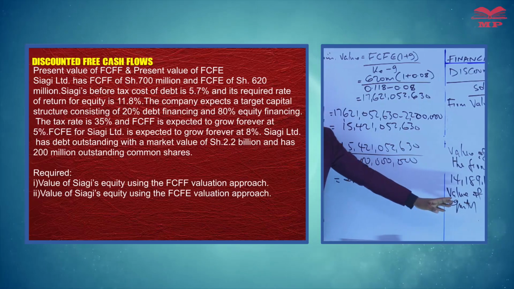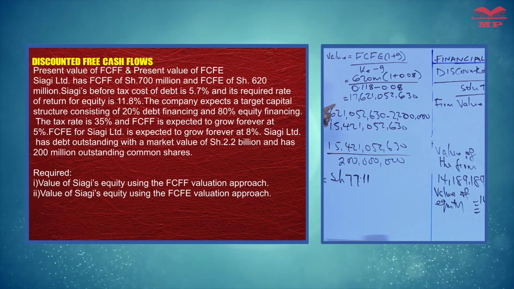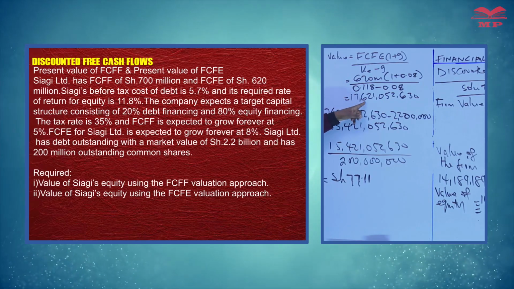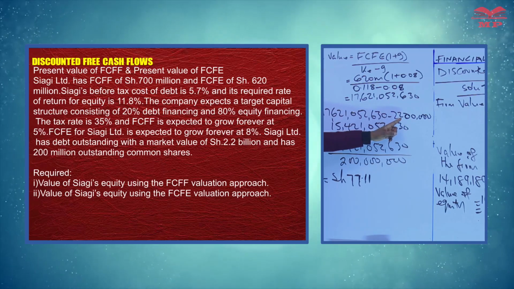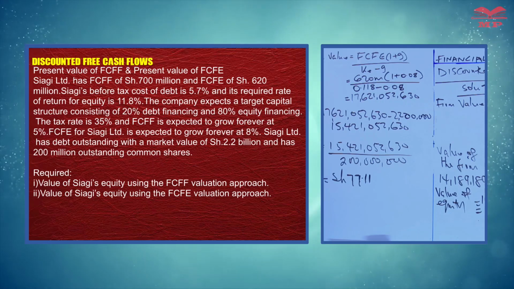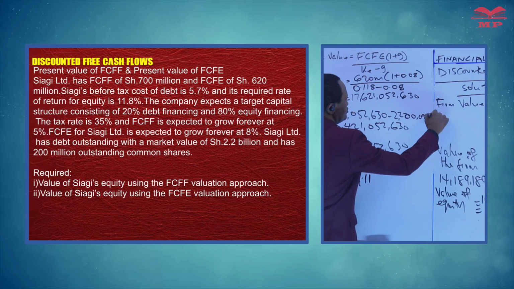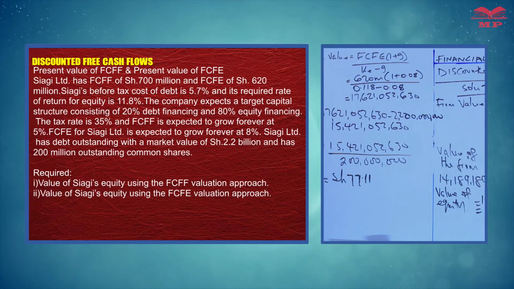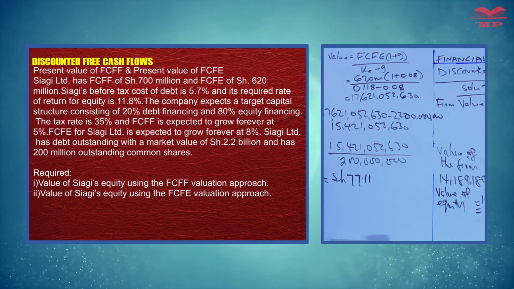The value of debt is provided in the question. So if the value of the firm is 17,621,000,000 and the value of debt is 2.2 billion, then the value of equity is just the difference. Then we divide the value of total equity by the number of shares to get the value of a share.